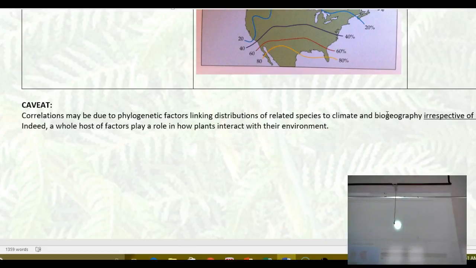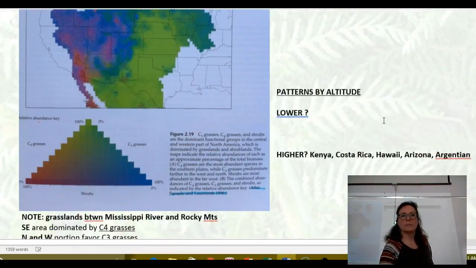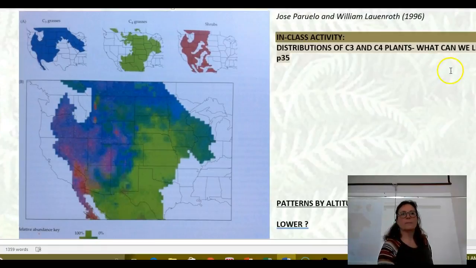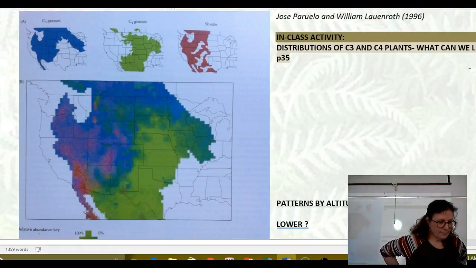Okay, so going down to that really cool textbook diagram here. What do we see in that diagram? Take a look at it with me. Okay. Part A, what's it showing us?